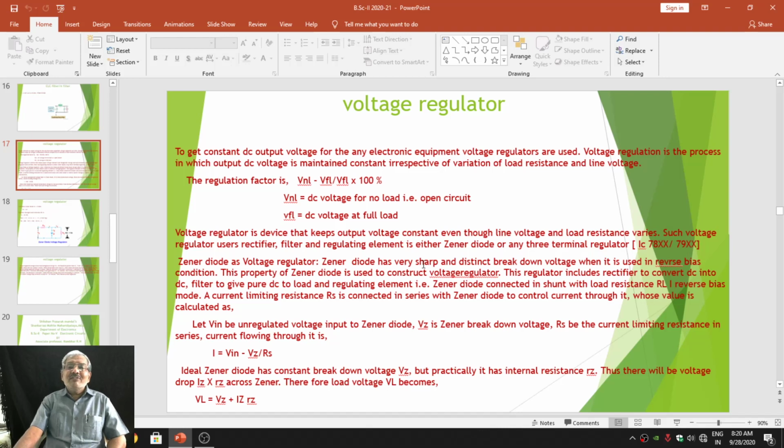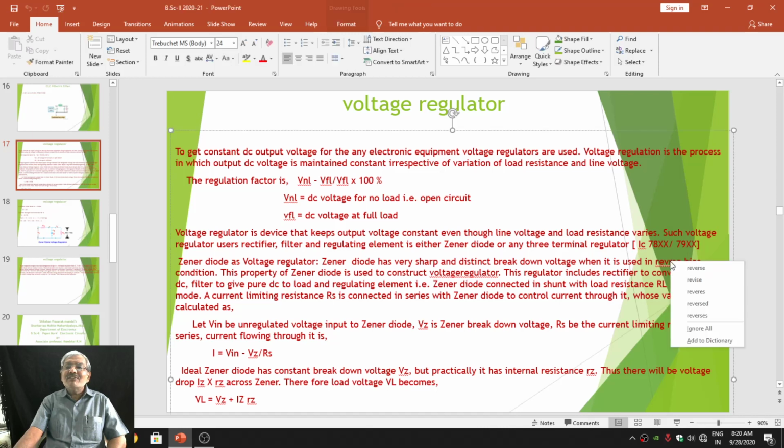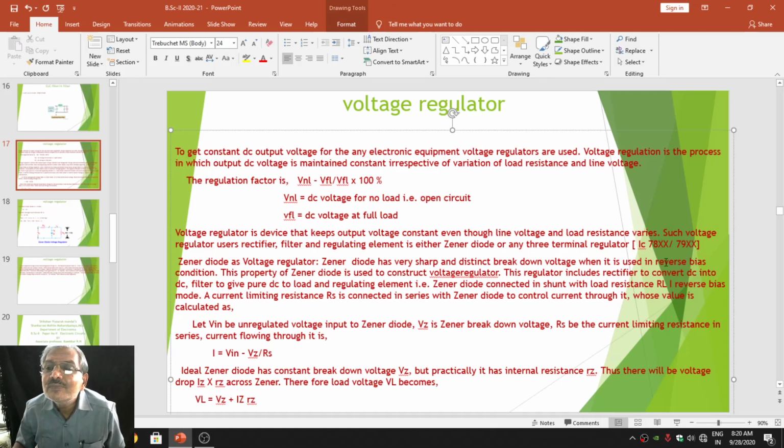The Zener diode has a very sharp and distinct breakdown voltage when it is used in reverse bias. This property is used to construct the voltage regulator.